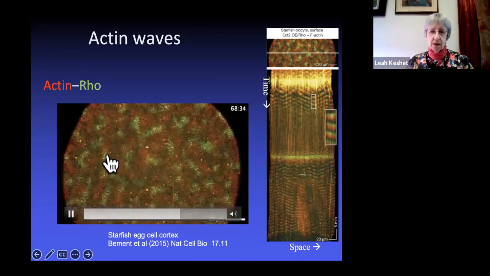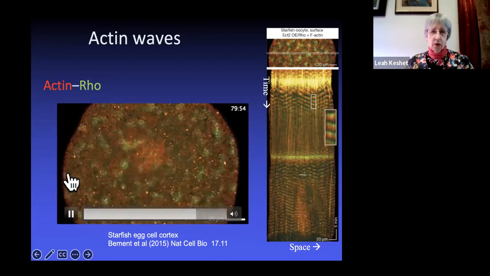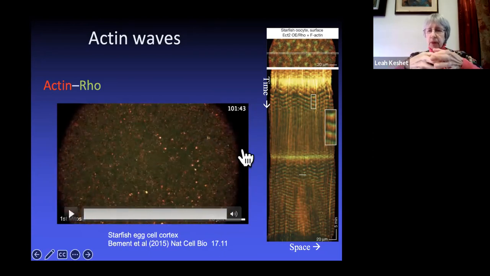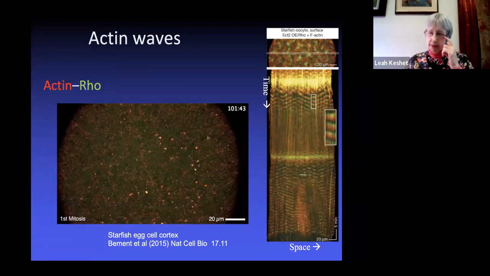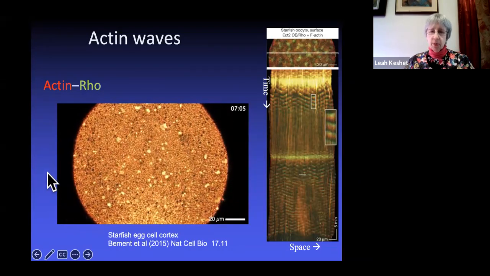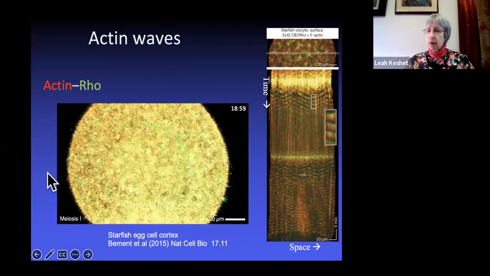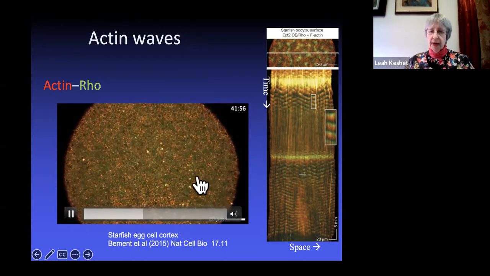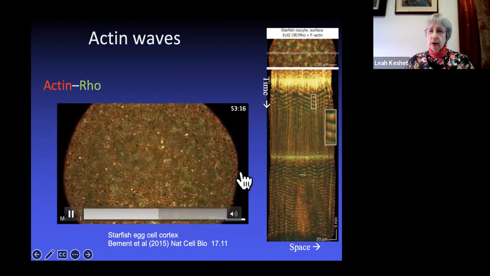So in the egg cell, it's actually going to form the equatorial ring that will constrict in cytokinesis. We're not seeing that in this cell because some of the proteins were downregulated to prevent the formation of that equatorial ring.